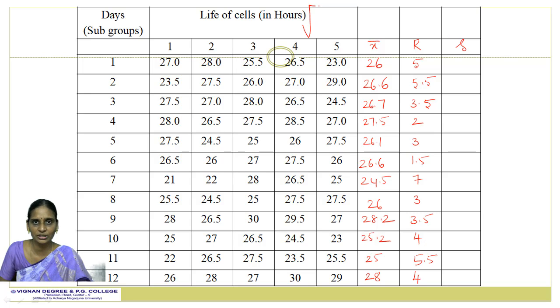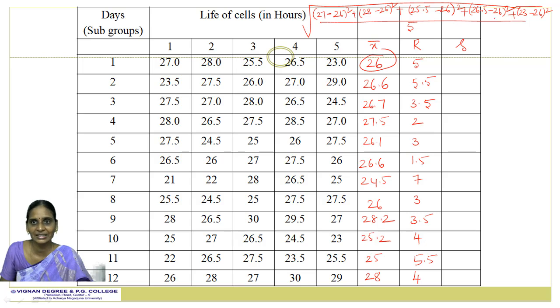The positive square root of: the first sample observation 27 minus the corresponding mean, which in the first sample is 26, whole square, plus 28 minus 26 whole square, plus 25.5 minus 26 whole square, plus 26.5 minus 26 whole square, plus the fifth value 23 minus 26 whole square, divided by 5.